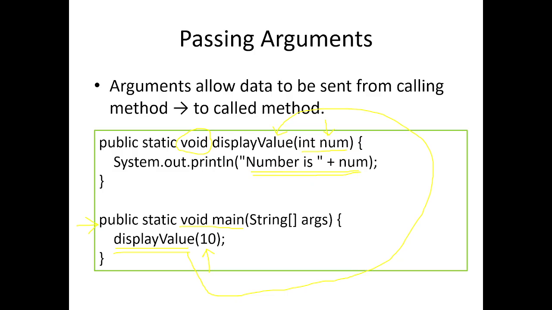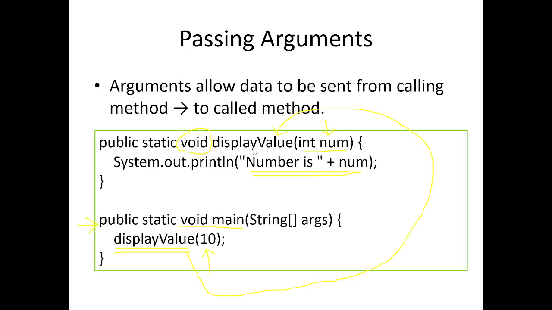before I go to the next slides, you can imagine display value like a machine. This main method is your main structure. Before display value, this machine needs to perform, so it needs to receive the input, some value.